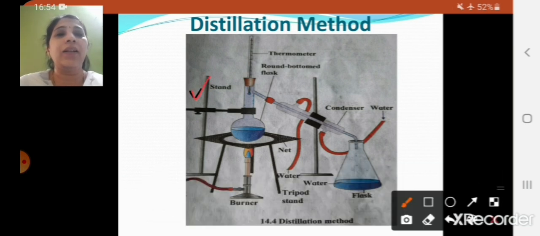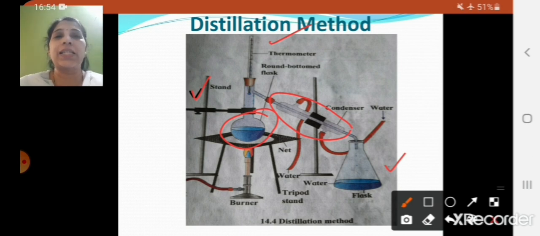This is a round bottom flask, this is an inclined tube, and that is called a condenser. This tube is inclined, so it is called an inclined tube, this is the condenser, this is the conical flask, and a thermometer is also used over here.